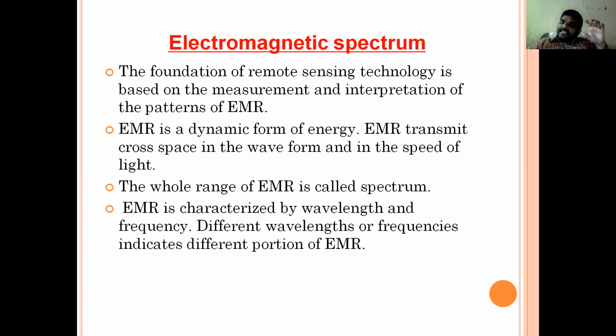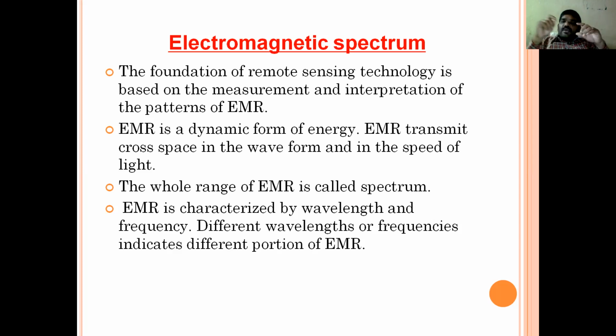The light is a mixture of different wave constituents, and when it passes through a prism, it bends at the other end of the prism with different wavelengths. When all those wavelengths are brought together onto a plane sheet, it constitutes the electromagnetic spectrum.